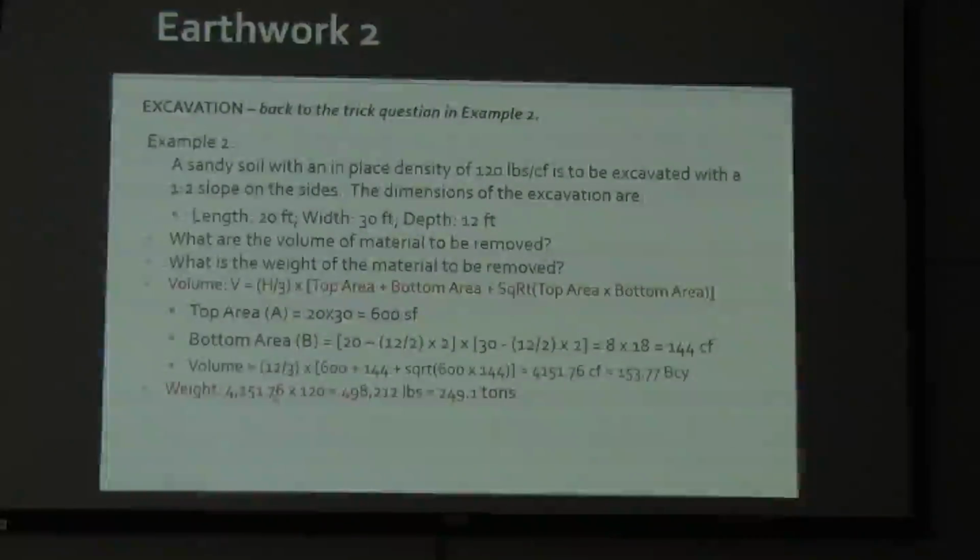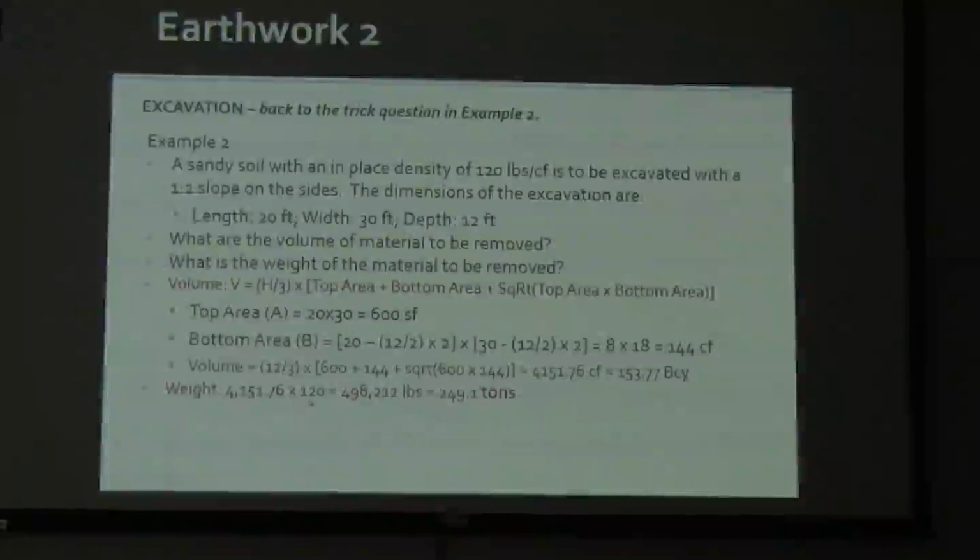The weight is going to be 4,151.76 cubic feet times 120 pounds per cubic foot.